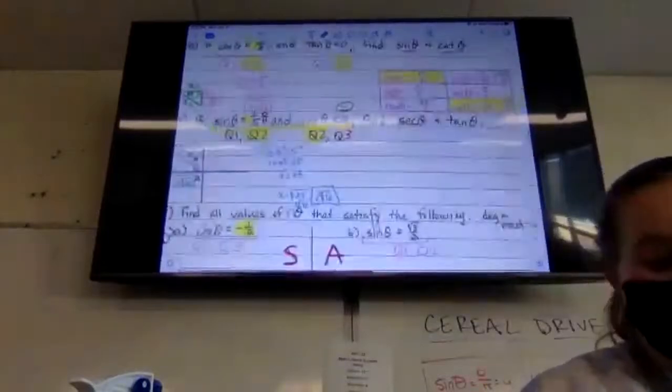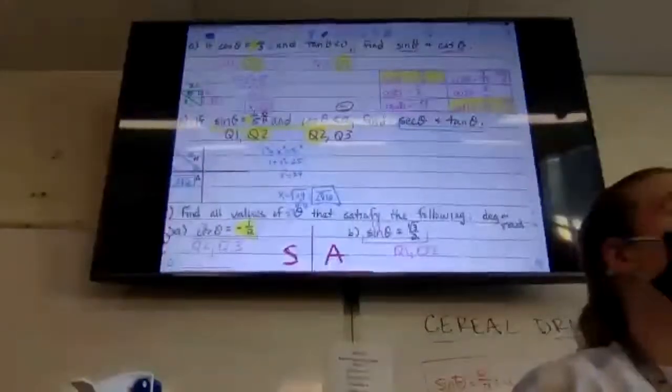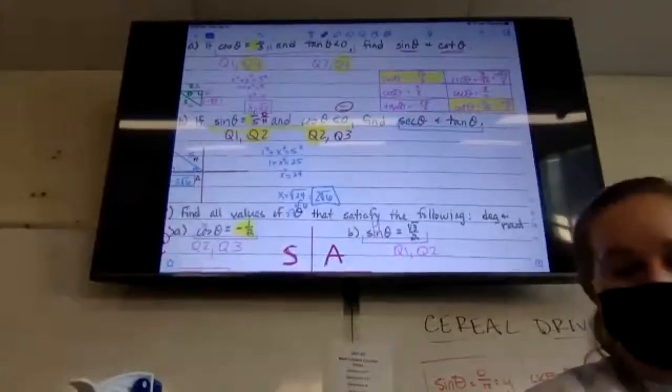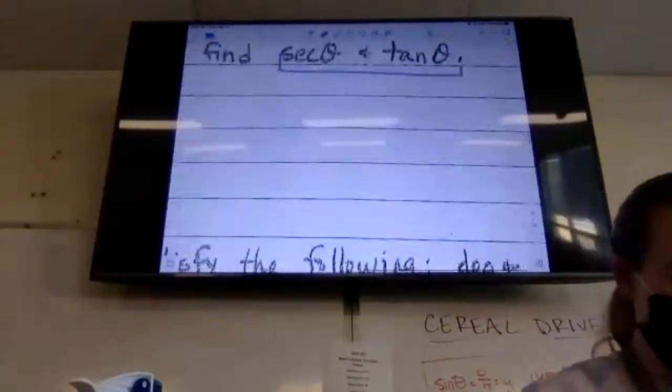And again, it wants secant and tangent. If you can do those independently, awesome. I can't, so I'm going to make my little chart out and then I will highlight secant and tangent. So go ahead and do those if you have not already.